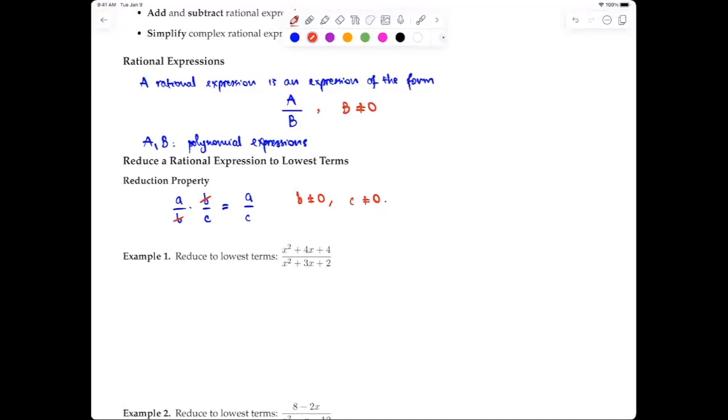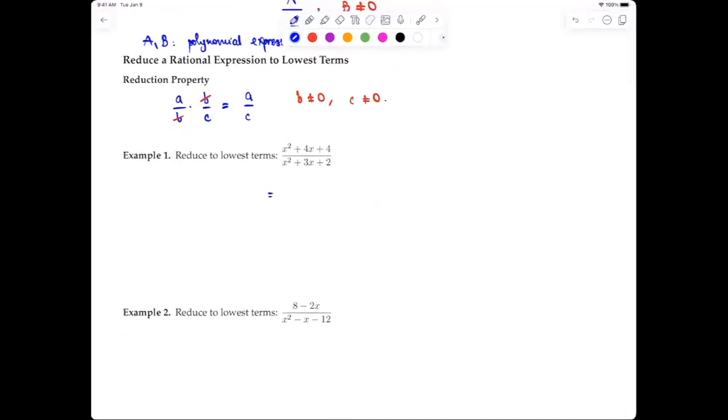All right, example 1, can you reduce this expression to the lowest terms? To reduce this rational expression, the first thing you do is factor the numerator and the denominator. What is the factored form of the numerator? You're looking for two numbers that add to positive 4 and multiply to 4.